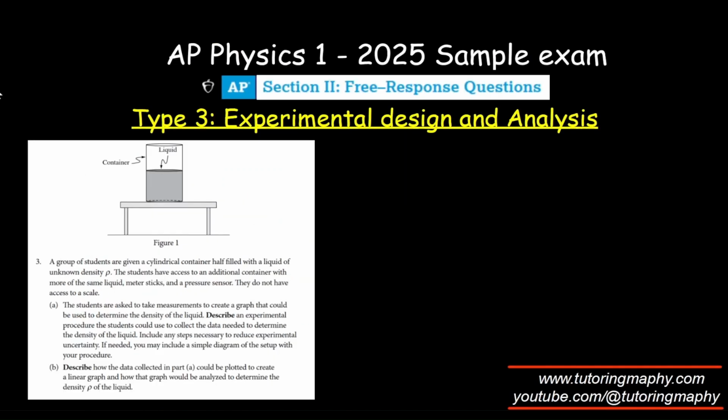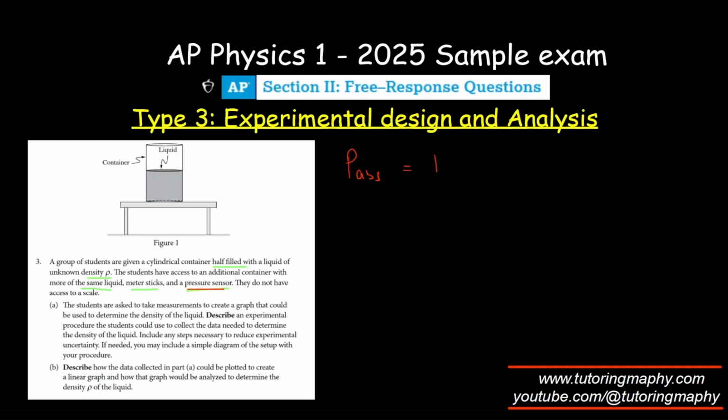All right, so how do you think we can do this? It is half filled, by the way, and there is an unknown density. We have more liquid, a meter stick, and a pressure sensor. So I think I'm going to use the equation of the absolute pressure because we can measure pressure, right?